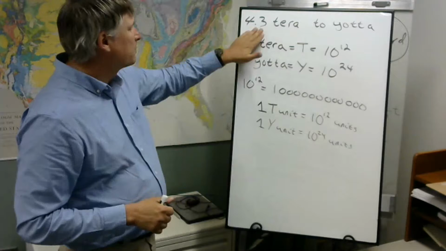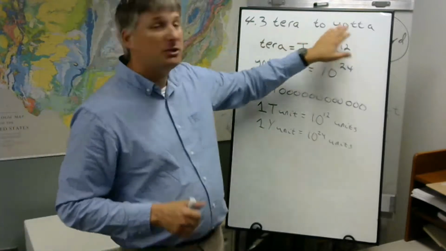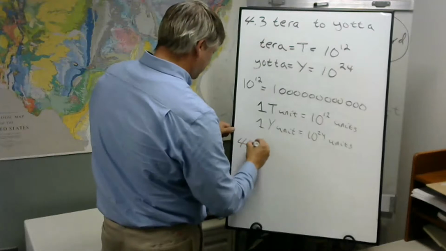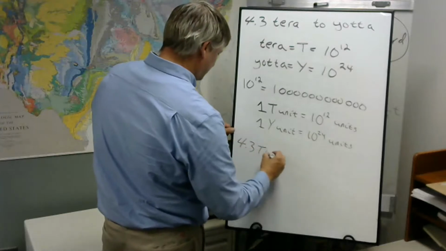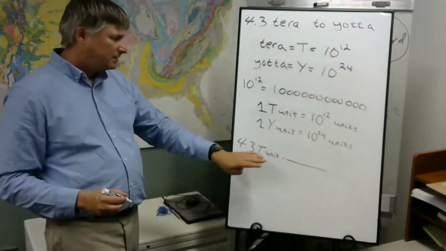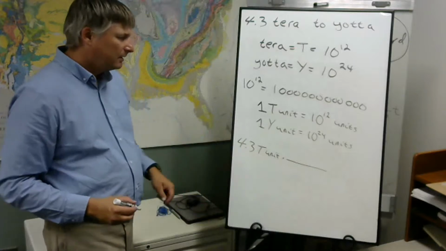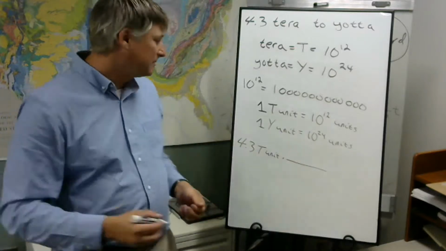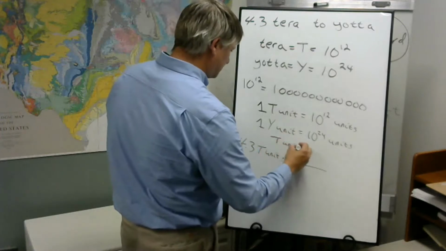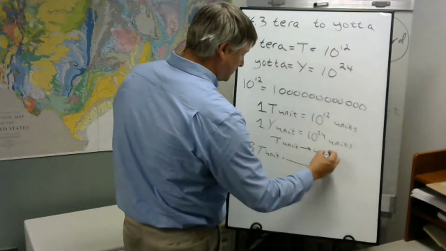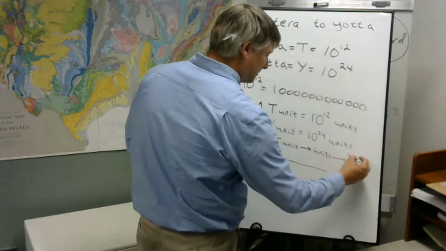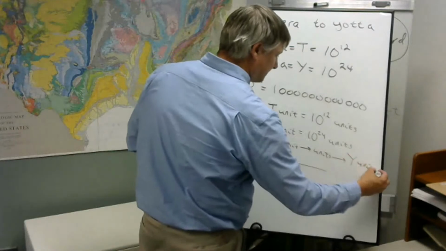So we want to convert 4.3 tera units to yota units. So we start out with our 4.3. We want tera units to cancel. Now, here's a trick I'm going to recommend. Let's convert T units to regular units, and then convert regular units to yota units.